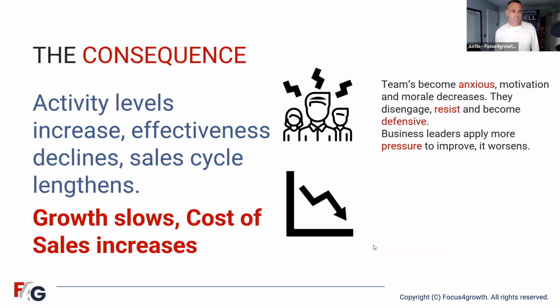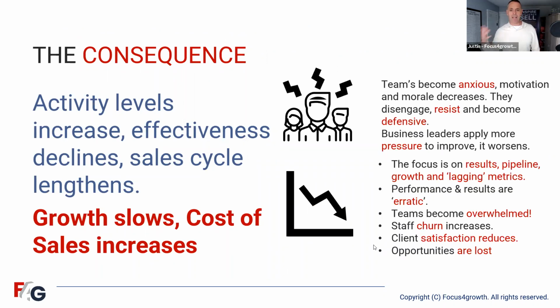Consequence of all this stuff is that we become anxious. Motivation starts to become at risk. If you're in sales management positions, and I don't think you are, but having led lots of different sales teams, when this sets in, you can start to get resistance, defensiveness, and it's perfectly understandable. I've experienced it myself, not just as a sales leader, but as a salesperson.